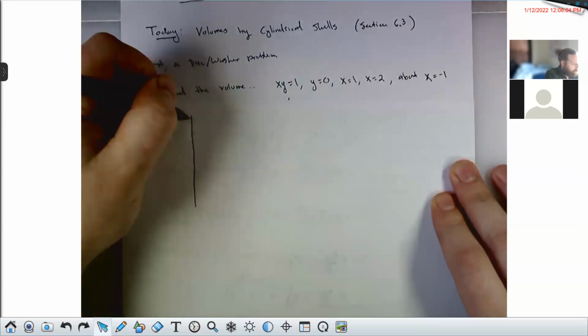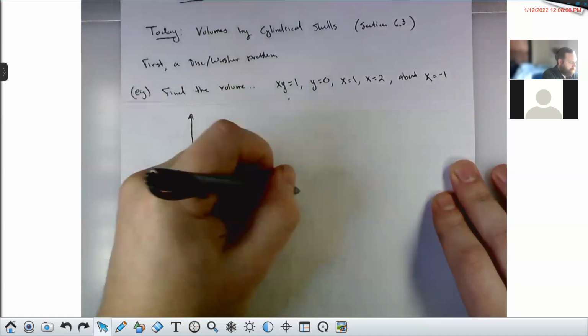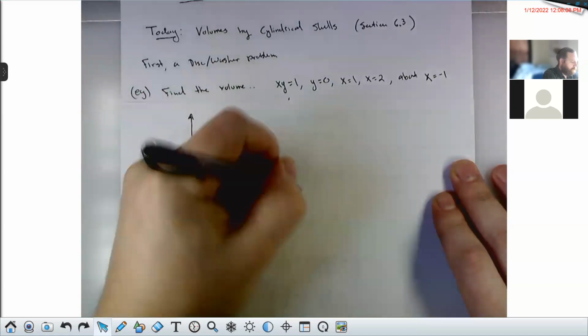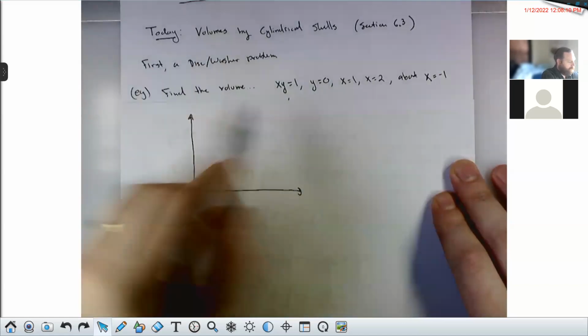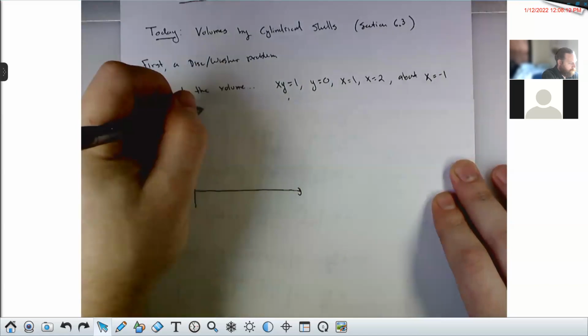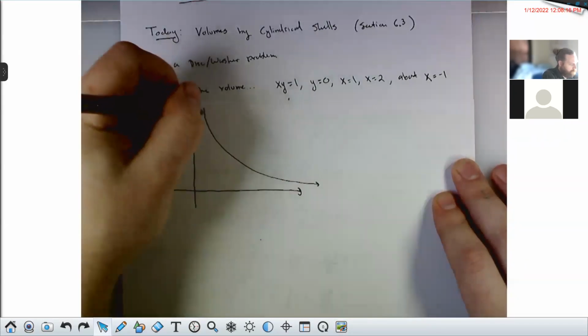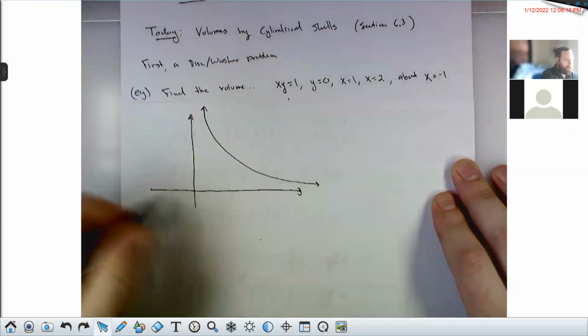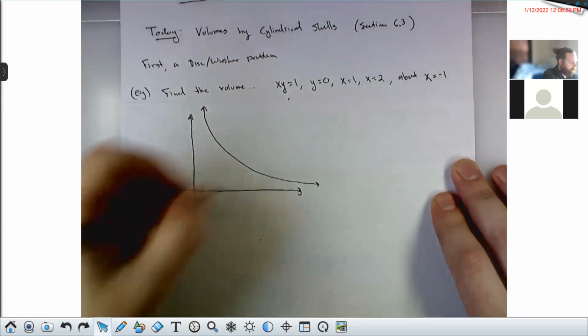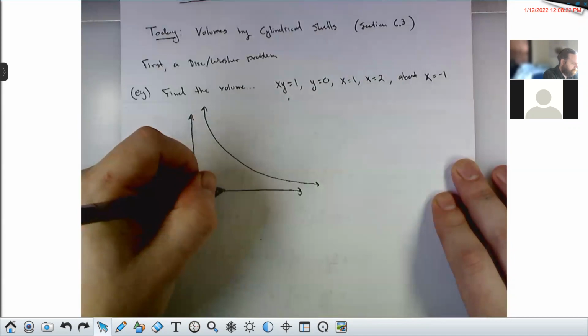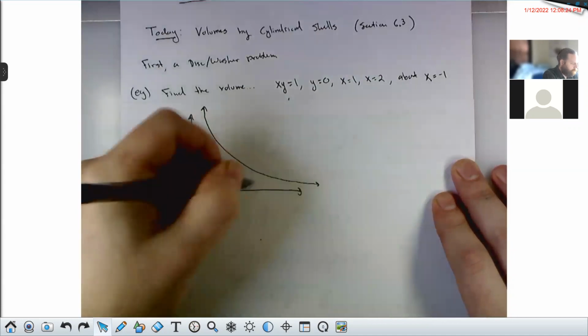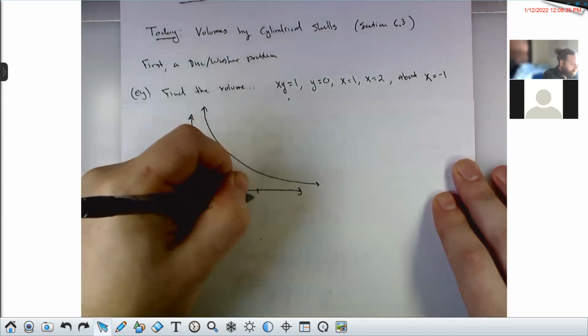Here's my y-axis. Here's my x-axis. The curve xy = 1, or y = 1/x, still looks like this. I'm not going to bother drawing the part down here because I know it's not relevant to the problem. I'll say this is x = 1 and this is x = 2.